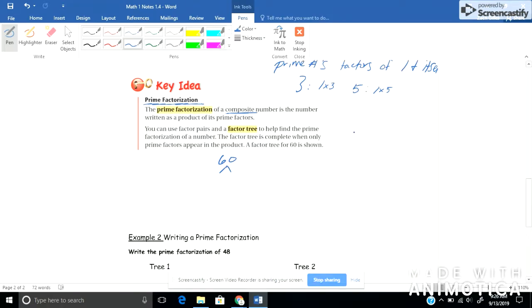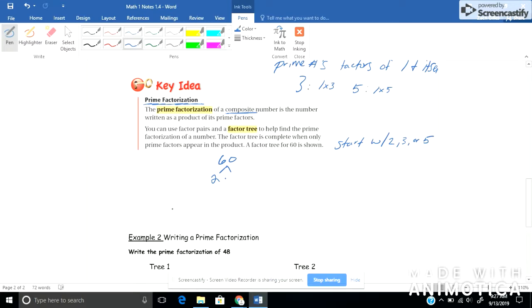Okay, I'm back. So we're making this factor tree of 60, and a little hint for you is I like to start with 2, 3, or 5 when I break down this number using prime factorization. Okay, so I'll start with 2 here and ask myself, 2 times what number is 60?